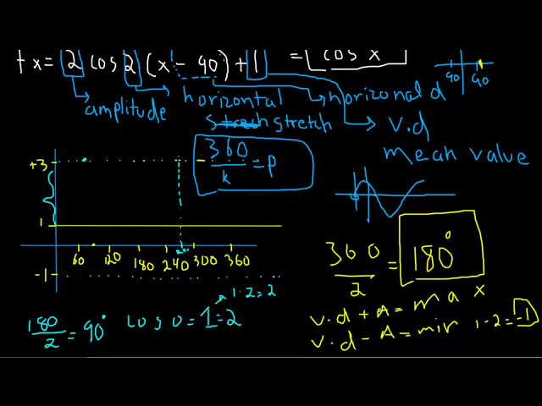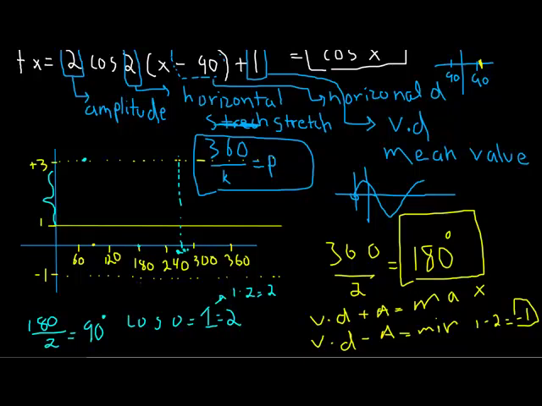But the thing is, we are starting at 90. So what you would do is just add 90 to that, right? So that would be 180. Yes, that would be 180. And this is your half. This is your midway point.